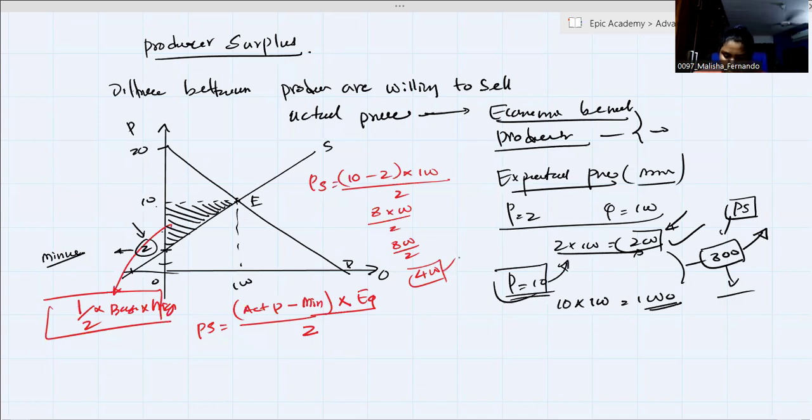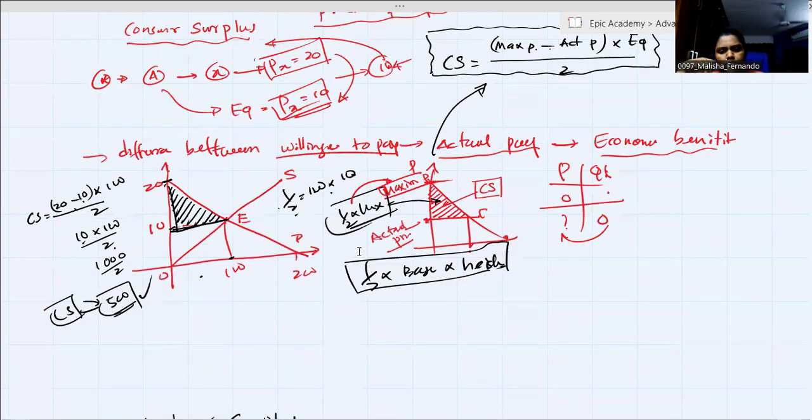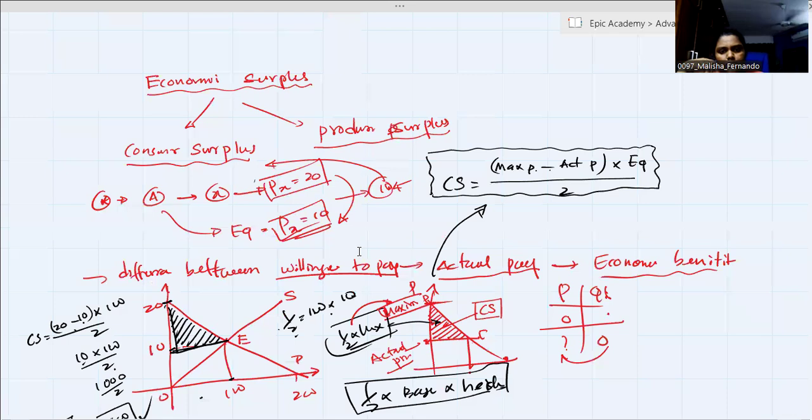So this is the producer surplus. You can identify it in values. So there must be some calculation related to the producer surplus. So we already identified the consumer surplus.